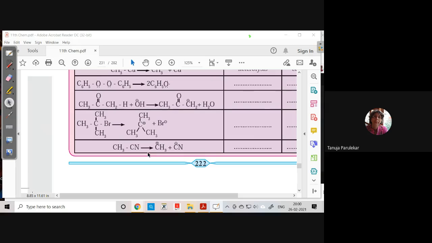And what is the species getting formed, you tell me. Ma'am, is it anion? Yes, it is carbanion, no, not carbanion. Sorry. Say again. Cation, because it is positive, right? Even I also said this. This is negative, but CN is negative.